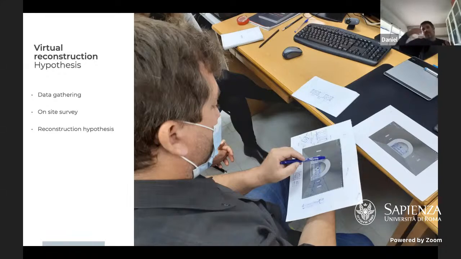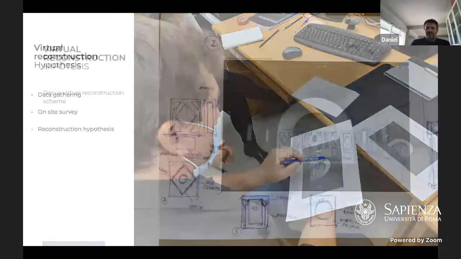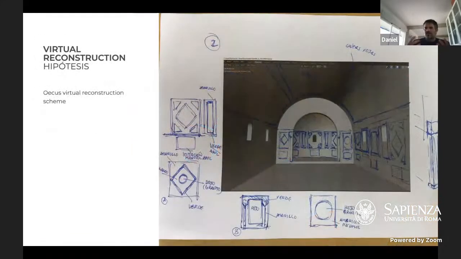After that, we start to work on the reconstruction hypotheses or proposals. Here you can see some sketches that allow us to make a first validation of the different working hypotheses. I say different because obviously there wasn't just one, as in any project.